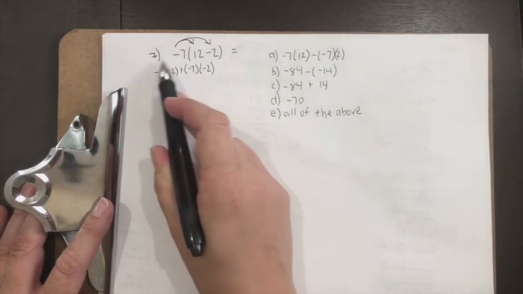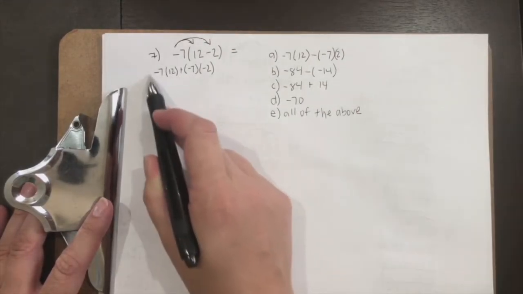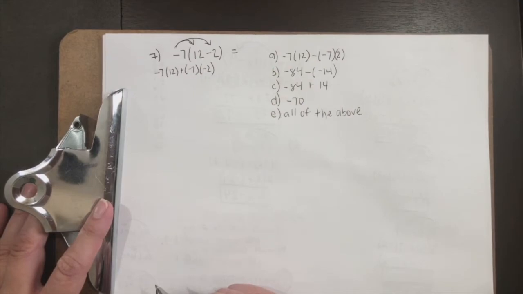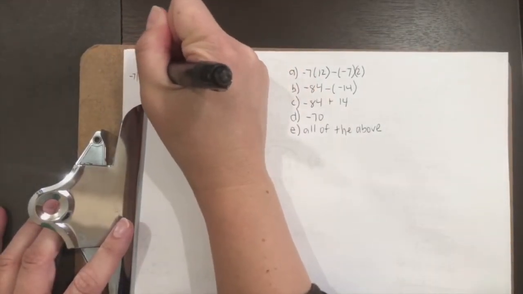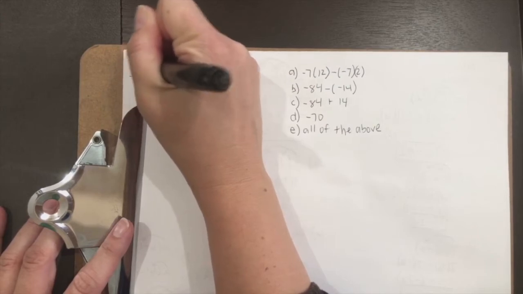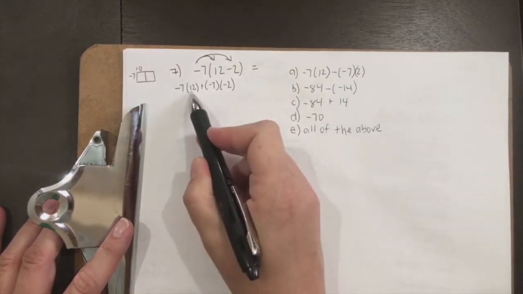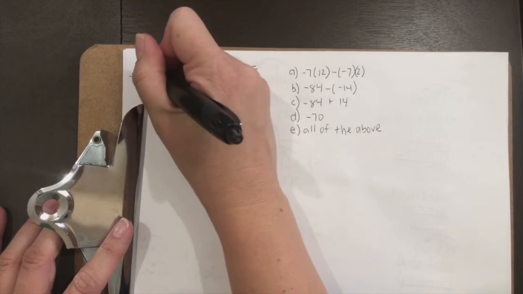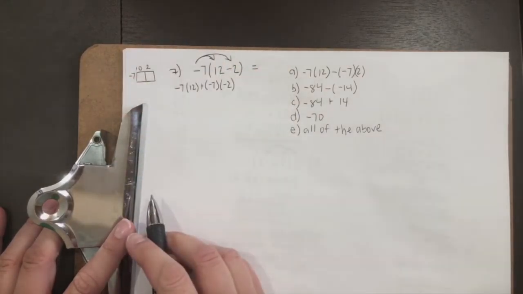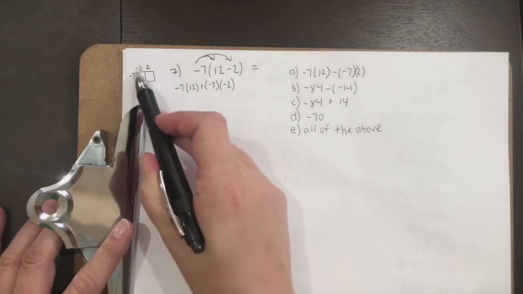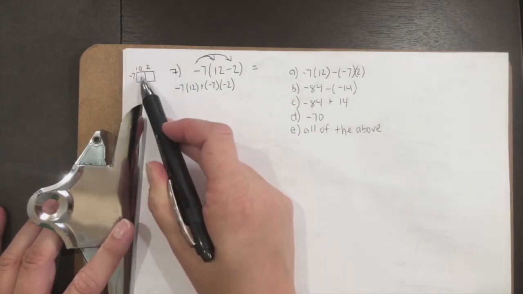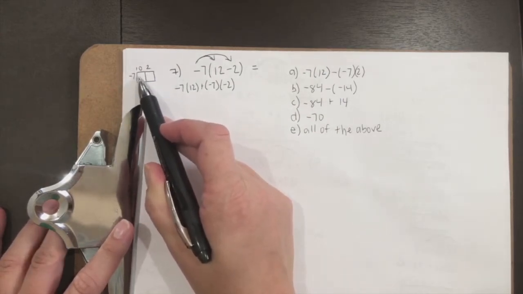I'm going to do this using a generic rectangle. So I'm going to have -7 on one side, 10 for the 1 in the tens place, and then 2 for the ones place. When I solve something like this, I usually do it in my head, but I'm going to draw it out for you so you can see what's going on in my head.